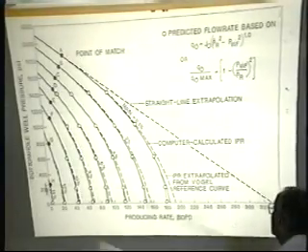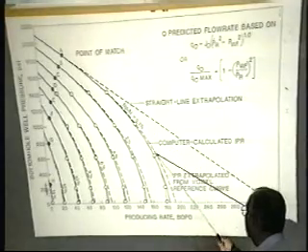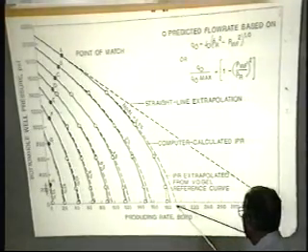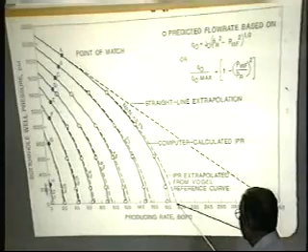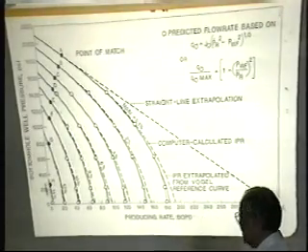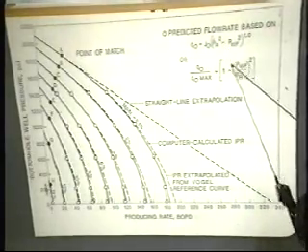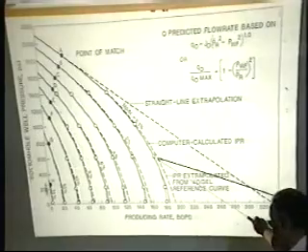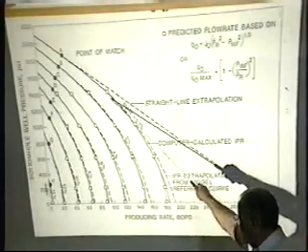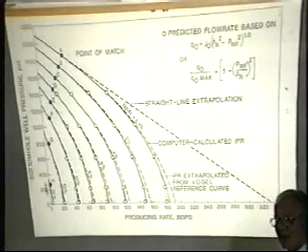If you take his inflow performance equation, which is the dotted line here, it says that the absolute open flow potential of that well is about 195 barrels of oil per day. Now, if you take this form of equation and use it, you'd get the circles, and that shows that you would get slightly less.